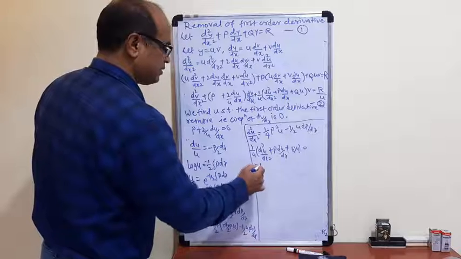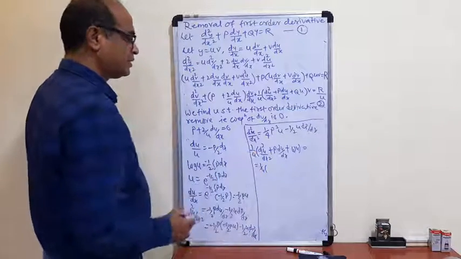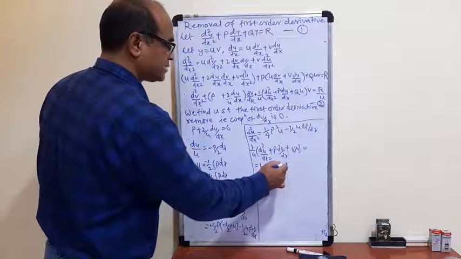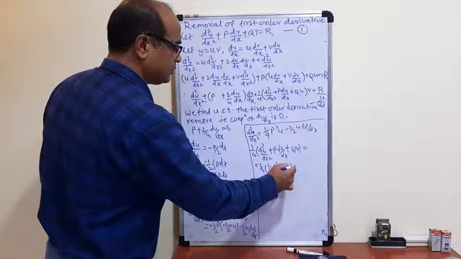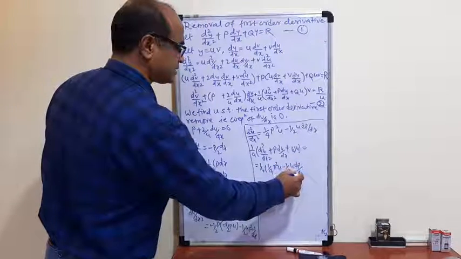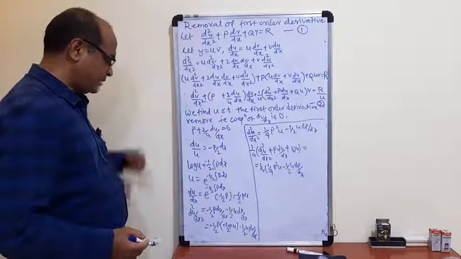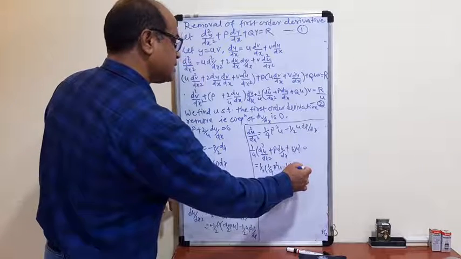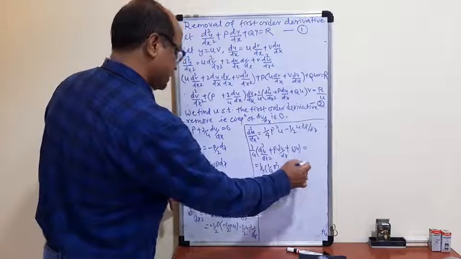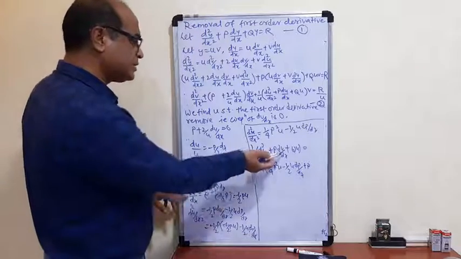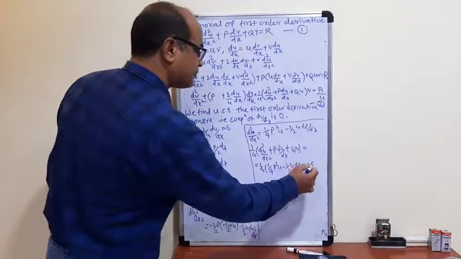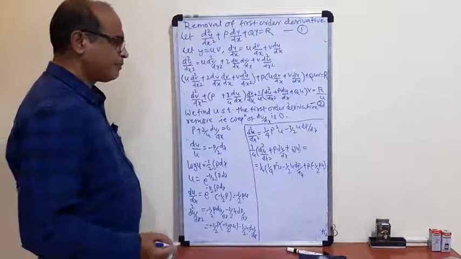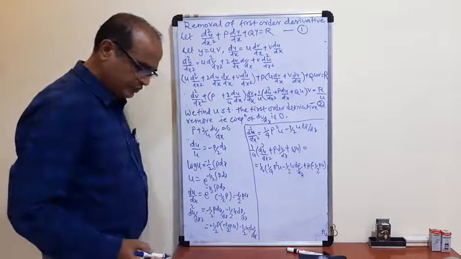So that is 1 by u times: d2u by dx square, which is 1 by 4 p square u minus 1/2 u dp by dx, plus p into du by dx, where du by dx is minus 1 half pu, plus qu.